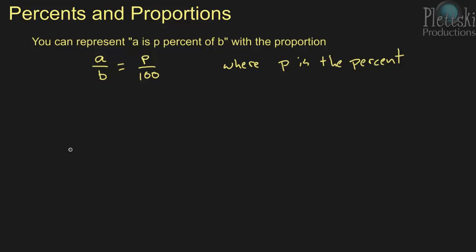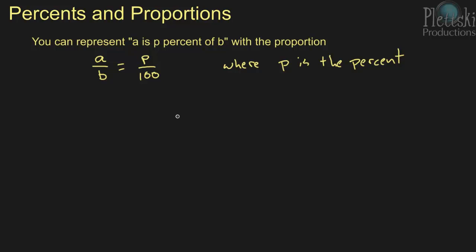Percents and proportions. We can use a proportion to solve for a percent, or we can use a percent to solve for a proportion. And in this lesson, we're going to look at how you can do this with two different proportions.